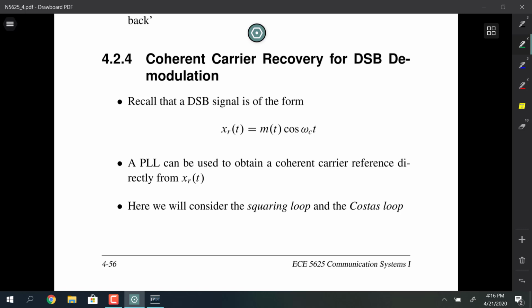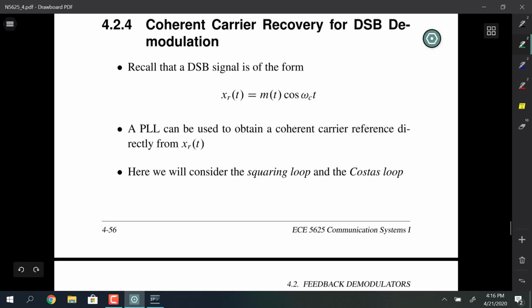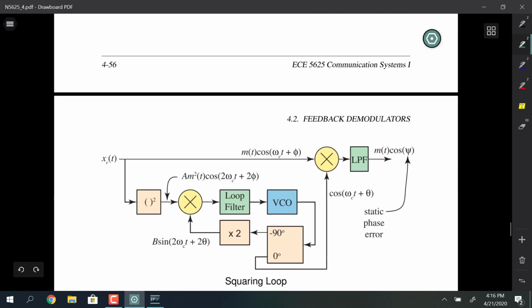A couple other sort of light level discussions are thinking back to double sideband modulation of chapter 3. We were wishing we could get a coherent carrier. Well, with a phase lock loop, we can do that. It's possible to take a double sideband signal of this form, m of t cosine omega ct, and then set up one of two types of phase lock loops, a special loop known as a squaring loop or a Costas loop.